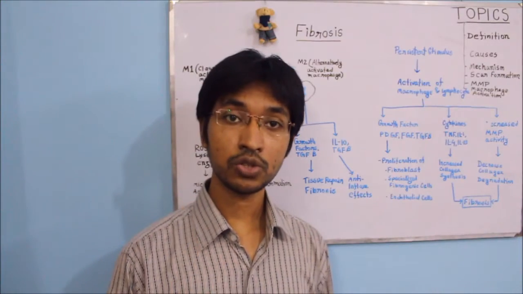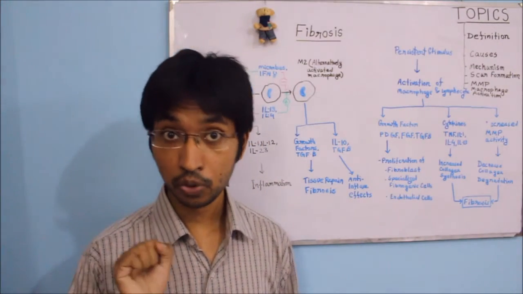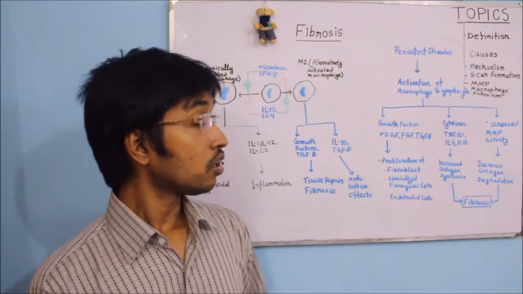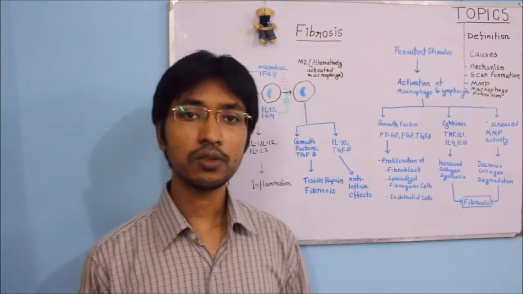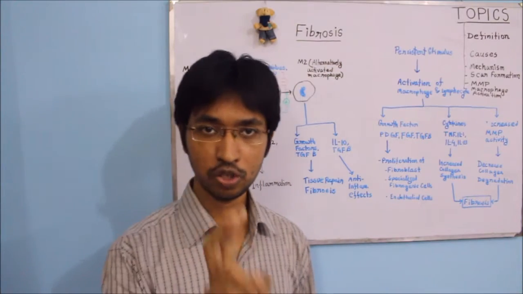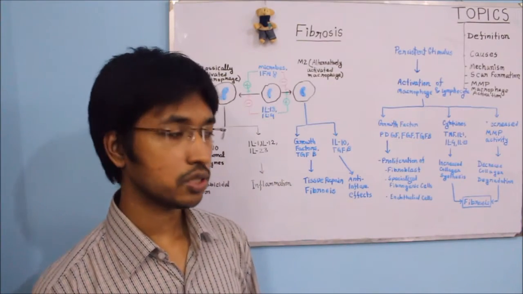The second cause is during certain immunological reaction, for example, during some autoimmune reaction. And also, fibrosis can result from trauma. So these are the major causes of fibrosis. Chronic infection, autoimmune disease, trauma, all these can result in fibrosis.